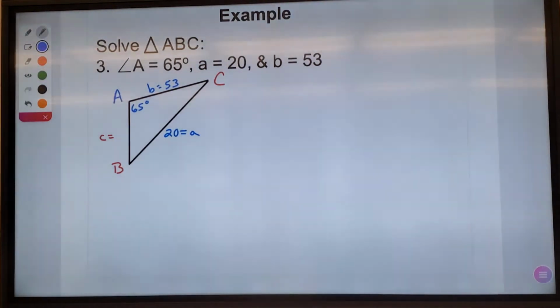Okay, so similar to the last problem, what you're going to have to do is plug in to the law of sines right away.